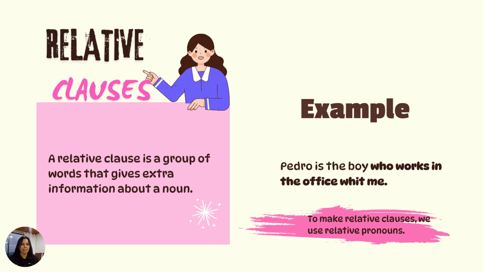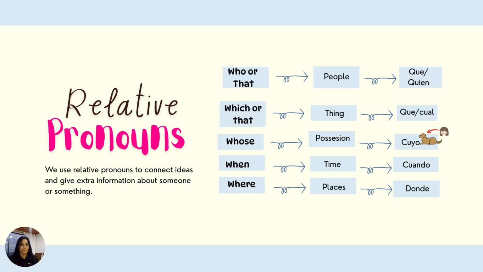To make relative clauses, we use relative pronouns. We use relative pronouns to connect ideas and give extra information about someone or something. The most common relative pronouns are who or that, used for people.